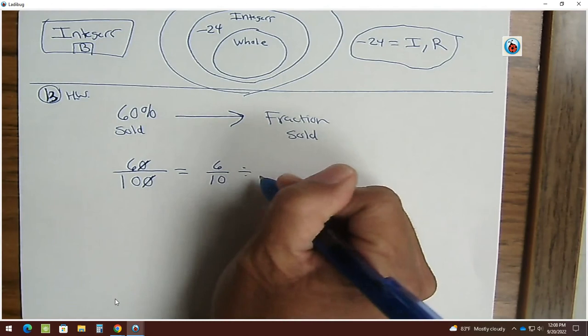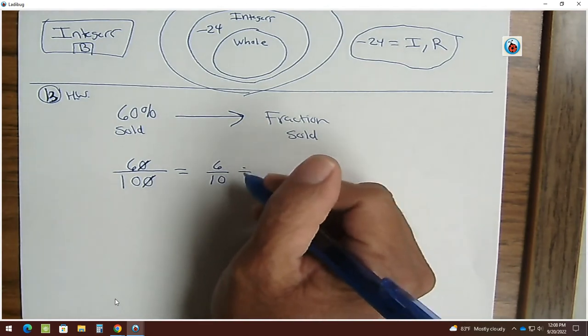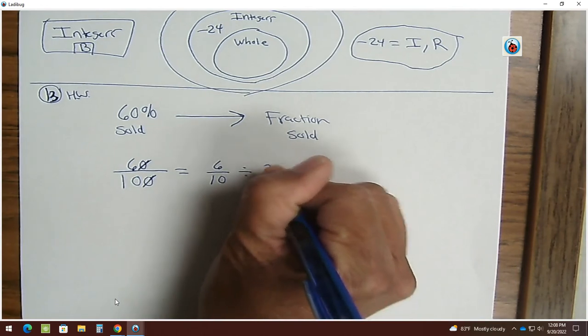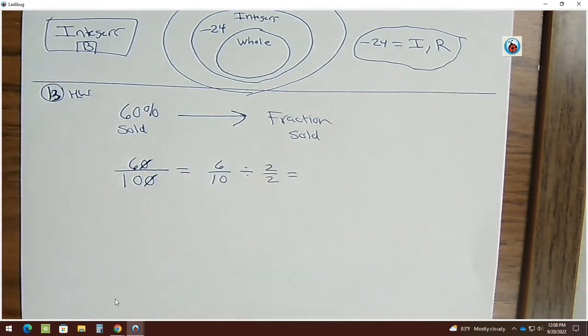Divided by one number that can give you 6 and 10. 2. That's how you simplify. Listen. What number is a factor of 6 and 10? Jason is right, 2. So here's what you do. 2 times what gives me 6? 3.